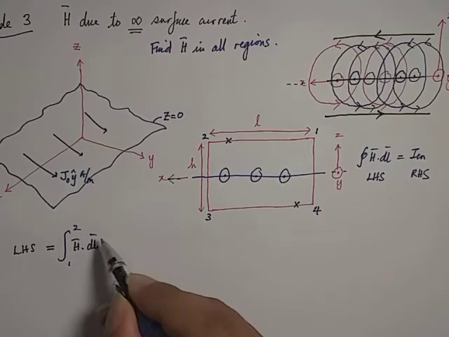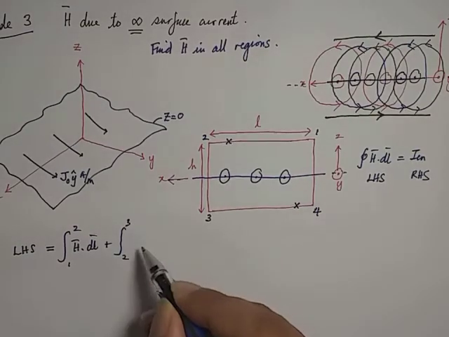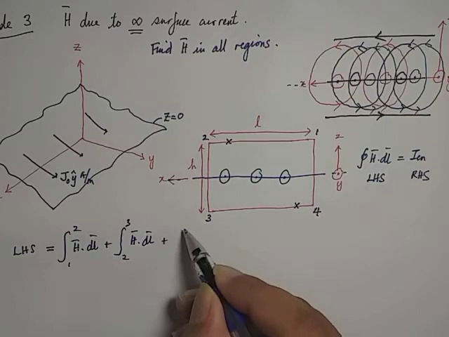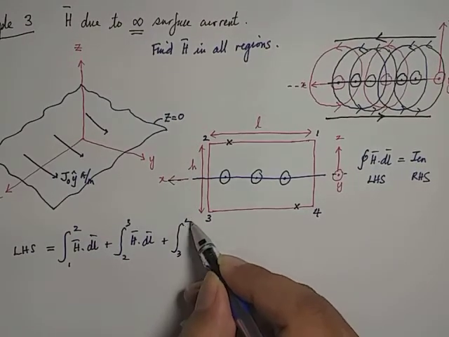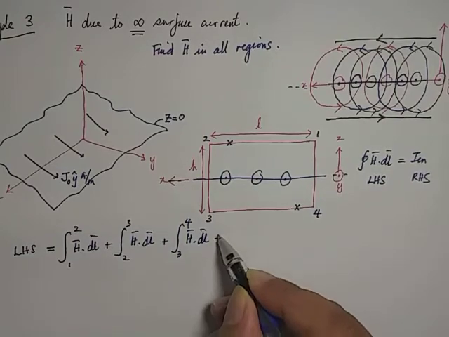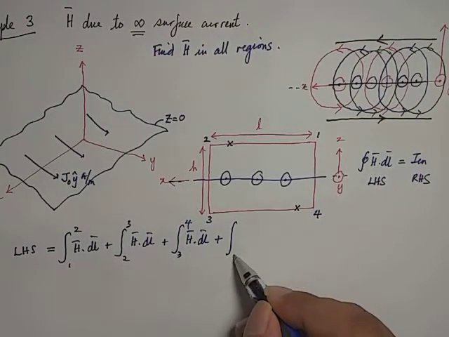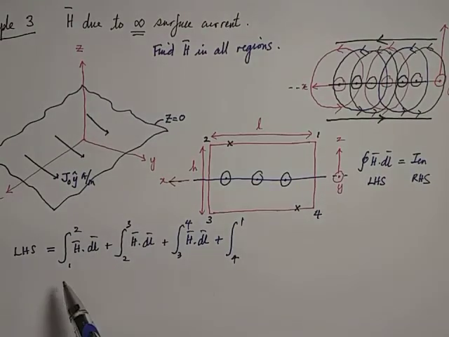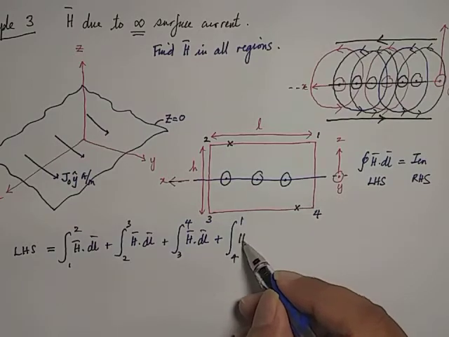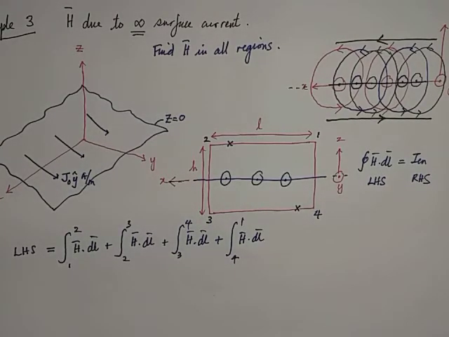I have to follow the path: 2 to 3 H dot dl. Continue: 3 to 4 H dot dl. Should I stop here? No. Yes, good, because it's completely closed. So I'm going to continue 4 to 1. As you can see, starting from 1, ending at 1. Agrees with the mathematics that we put earlier. So that should be what we do.